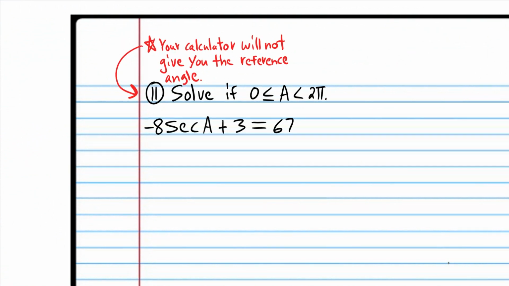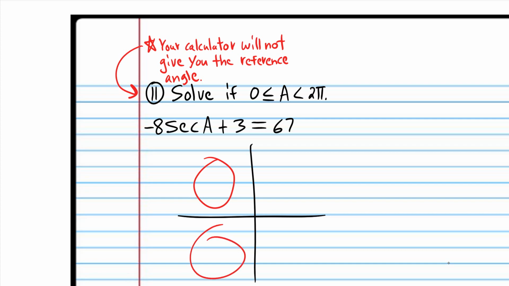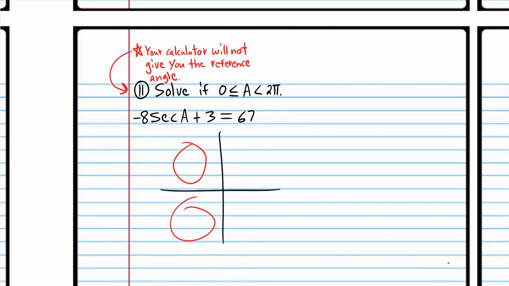Be aware that your calculator will not give you the reference angle. When the secant function, or the cosine function, is equal to a negative number, your calculator will not give you the reference angle, because cosine or secant are negative in the second or the third quadrants, which means that your answers are not going to be in the first quadrant or the fourth quadrant.